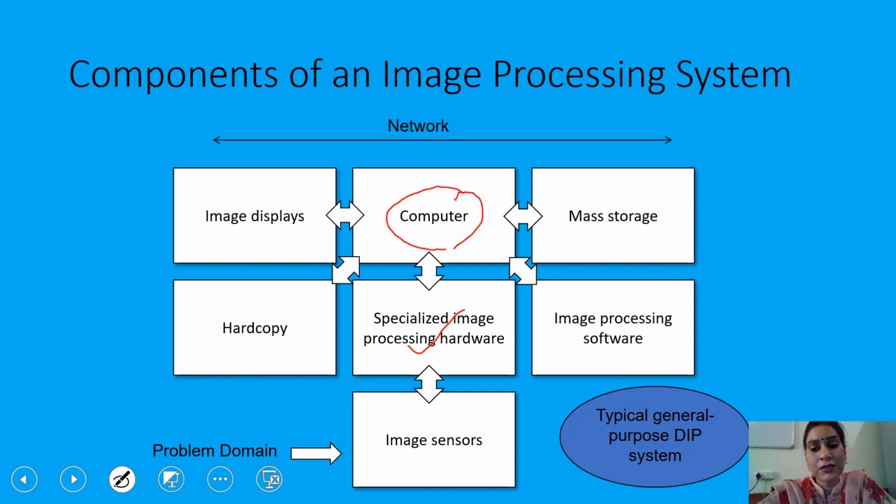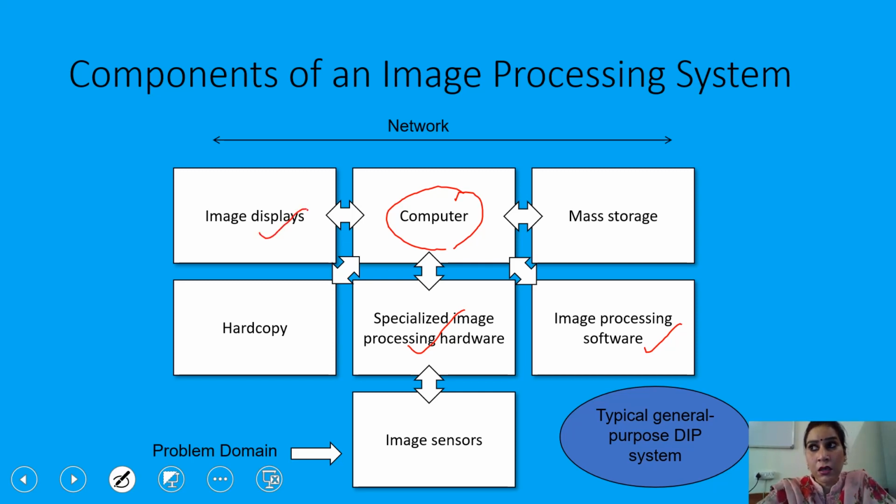Then we are having some image processing software which converts the analog image into the digital image. Then the output of the image can be seen on the screen, and that is called image display.